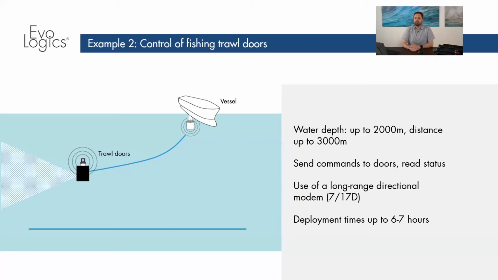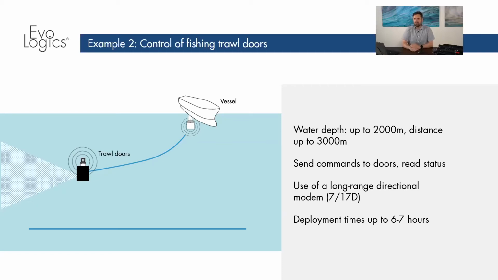And then you can control very precisely where they are positioned in the water body. So you can select the depth, you can say when they need to turn and so on. This case we used is for applications with depths up to 2,000 meters and distances up to 3,000 meters, sending and receiving information to the doors.